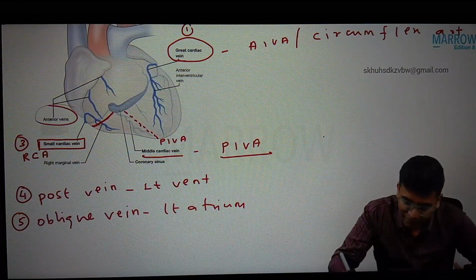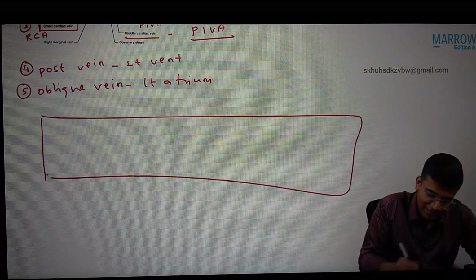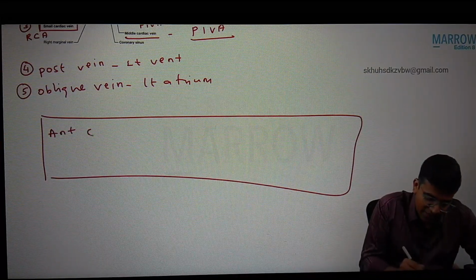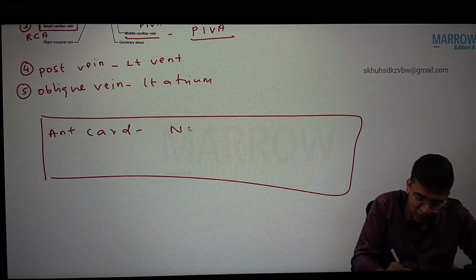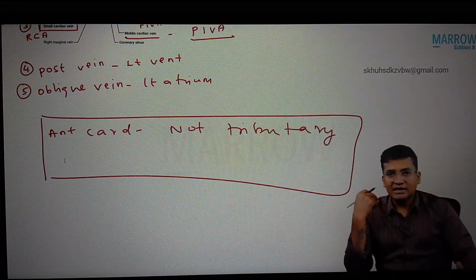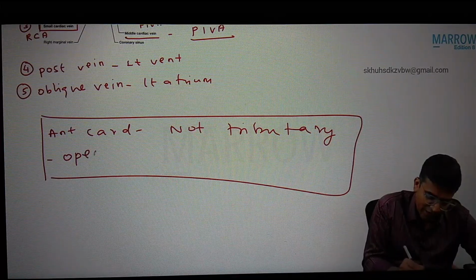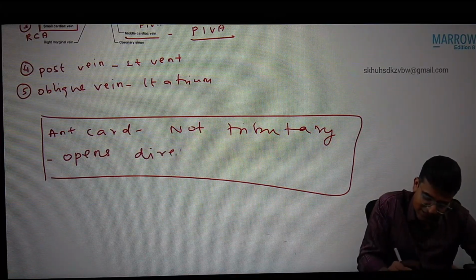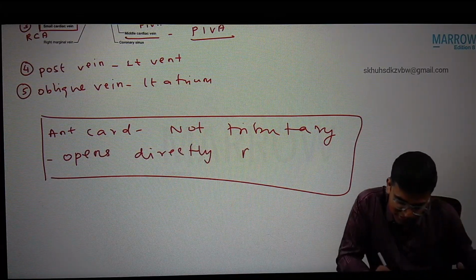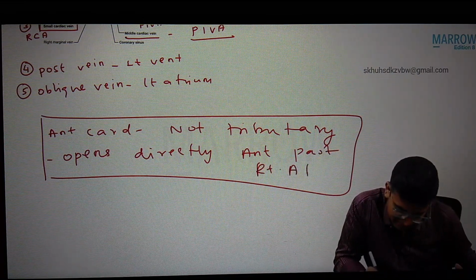Please put one box and write anterior cardiac vein, very important, which is not a tributary of the coronary sinus.